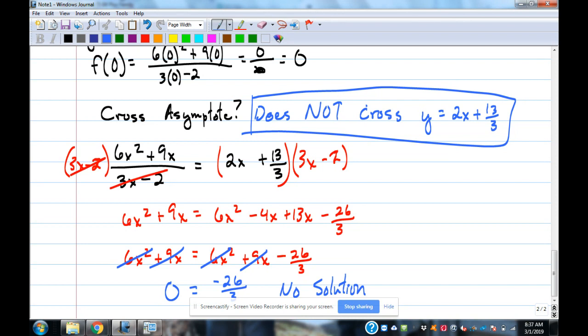That doesn't happen very much, but it can happen. Horizontals and obliques are based on the degrees, and then you could have some that don't have either of those. And if that's the case, it saves you the trouble of finding whether or not it crosses the asymptote. You don't have to find that. Okay. So, but remember, you're not going to cross the vertical asymptotes. You can only cross obliques or horizontals.